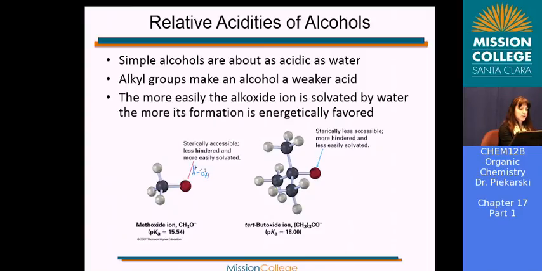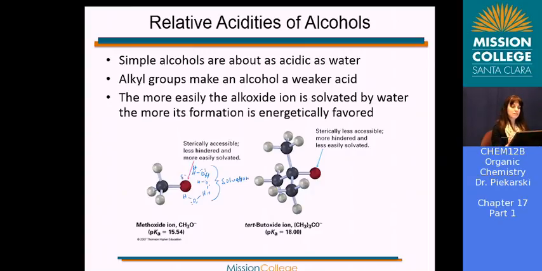Those hydrogens are partial positive. This anion is partial negative. So if we can stabilize the anion with a bunch of water molecules, it will be a much happier anion, more stable, right? What I'm showing you here is solvation, where water is stabilizing that anion.